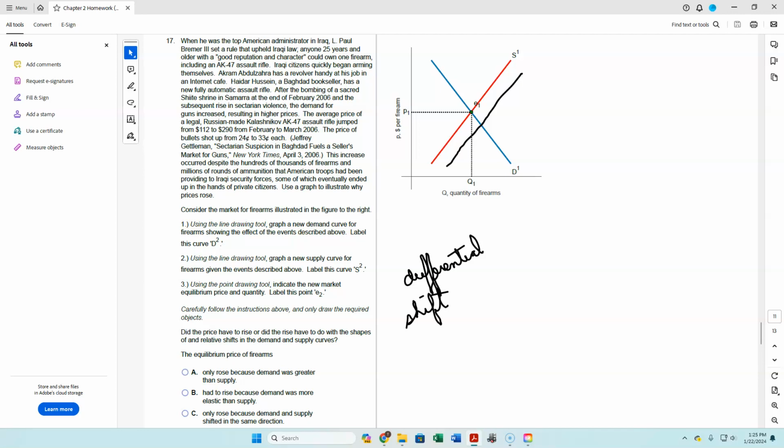And so right here they say hundreds of thousands of firearms. So the prices should be going down. Why aren't they going down? Because what's happening here is demand is increasing by much more than what supply is shifting by. And that's the information that you need to answer this question here.